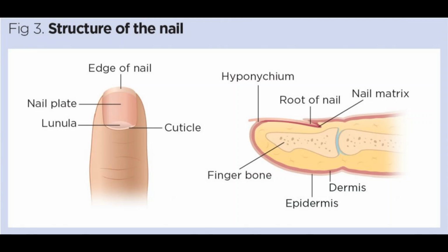Cuticle: the cuticle is a fold of skin at the proximal end of the nails. Perionychium: the lateral folds of the skin on the side of the nails.